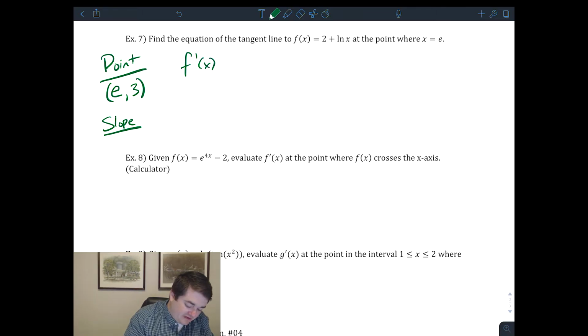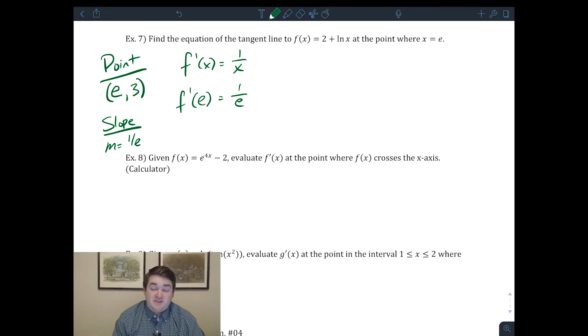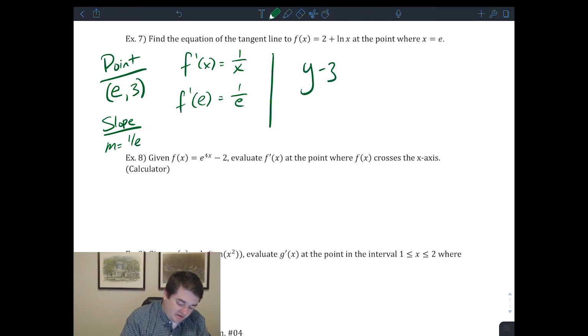So f prime of x is equal to 0 plus 1 over x. So f prime of e is 1 over e. Got my point, got my slope, point-slope form. So y minus 3 equals 1 over e times x minus e.